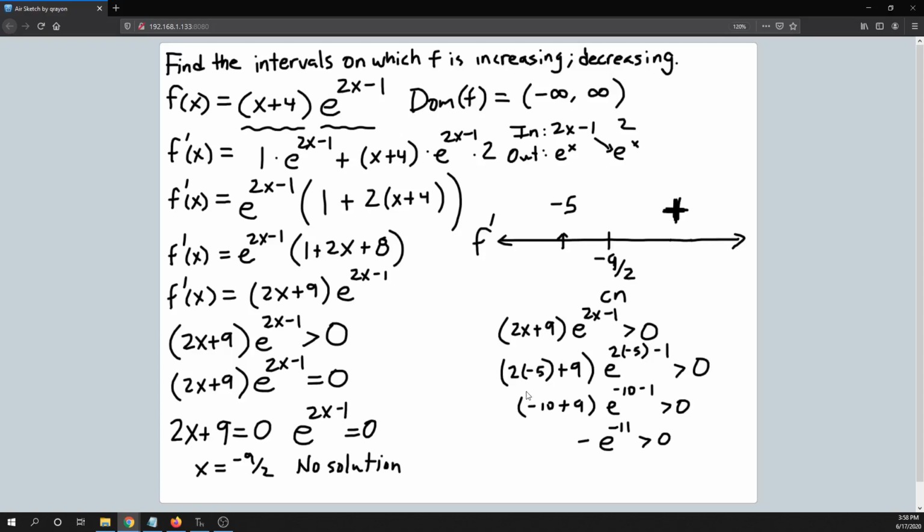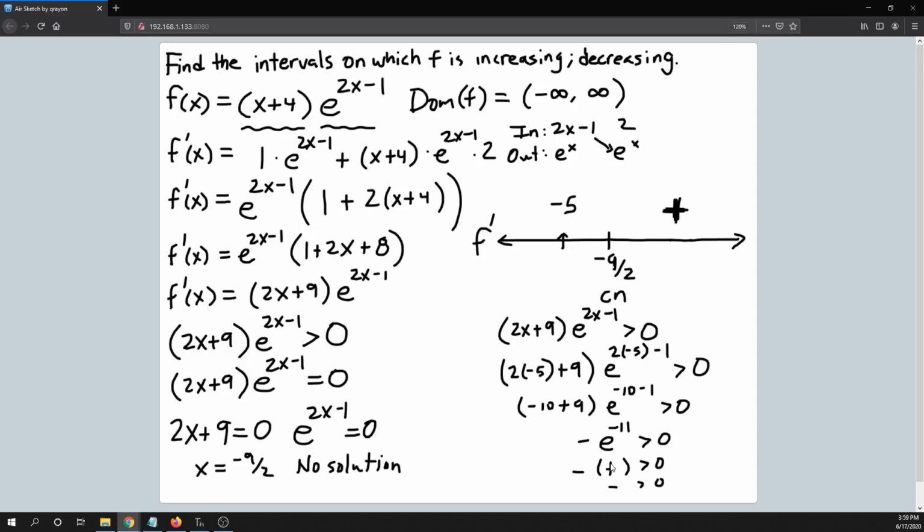Okay. So again, if you have a calculator, you can just plug this in here and see what you get. I'm not going to do that. I know that I have a negative sign here, and then e to the negative 11th is a positive number. I know that because e to any number is positive. And so I have a negative times a positive, that will come out to be a negative.